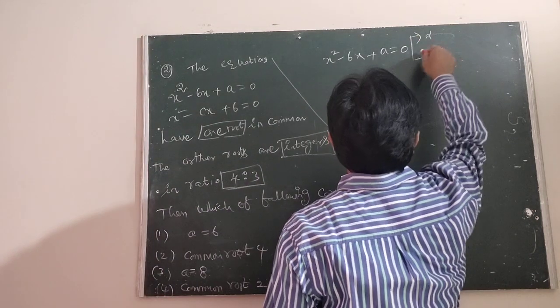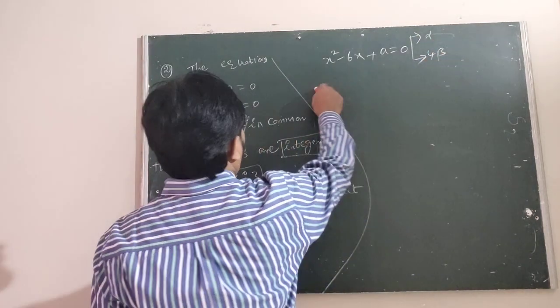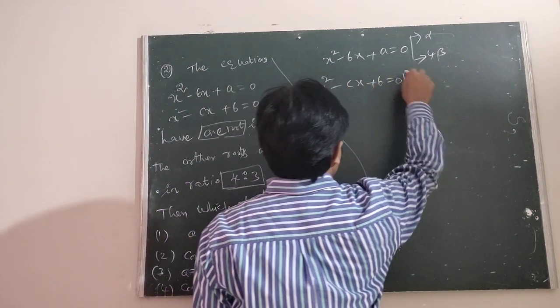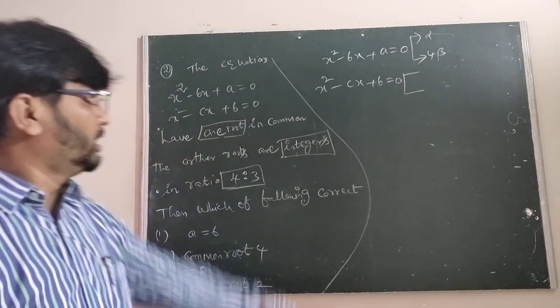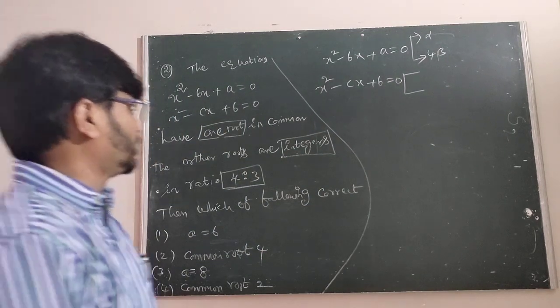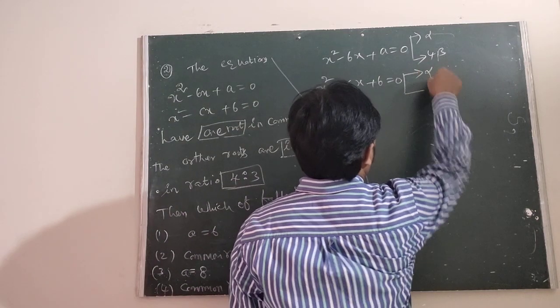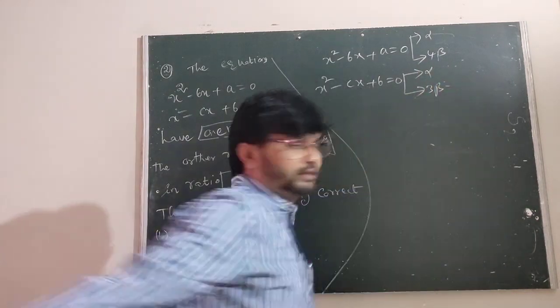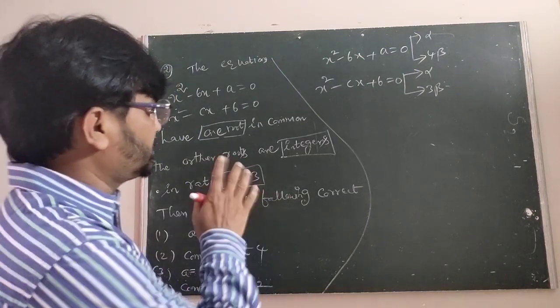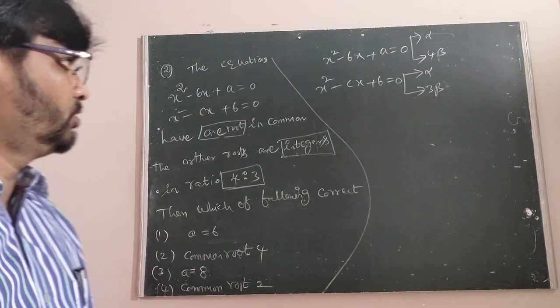The other equation, x square minus 6x plus 6 equal to 0, has the roots alpha and 3 beta. The first equation has roots alpha and 4 beta, and the second equation has roots alpha and 3 beta.